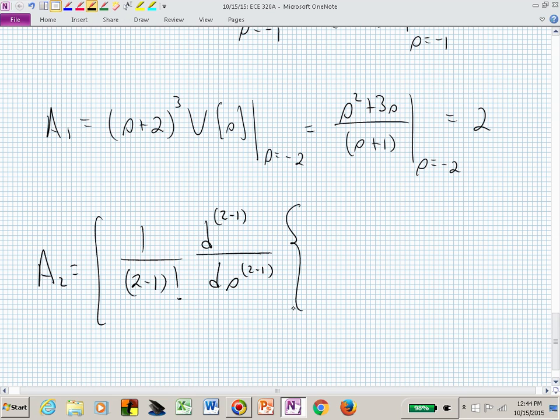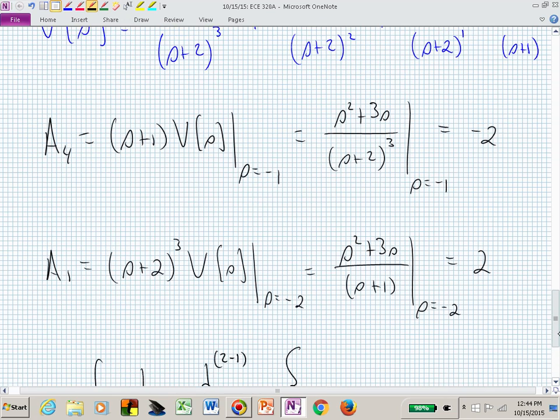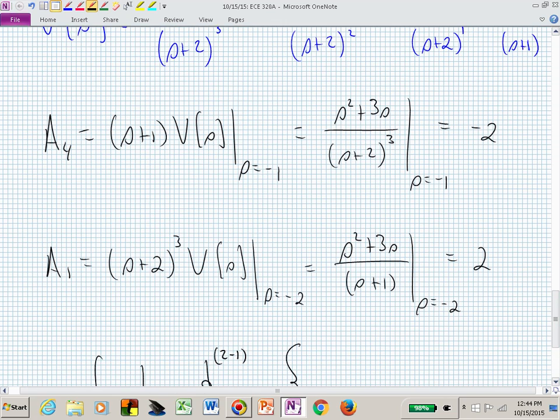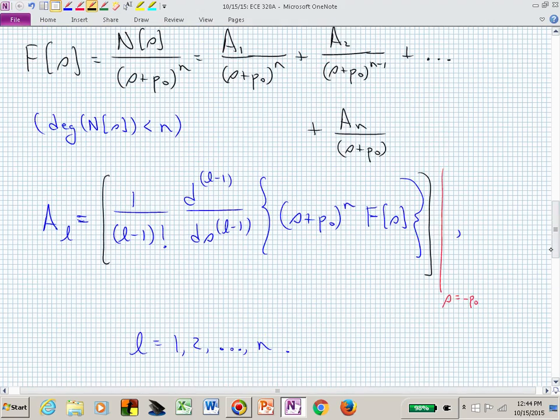And this is now (s plus 2) cubed times v of s, according to this formula. Little n doesn't change, does it, as we index through L? Little n stays at 3.